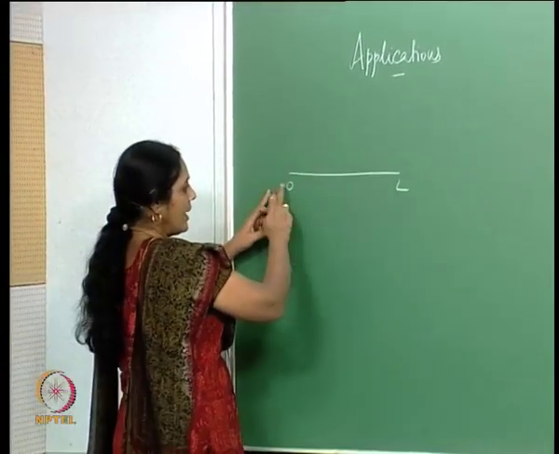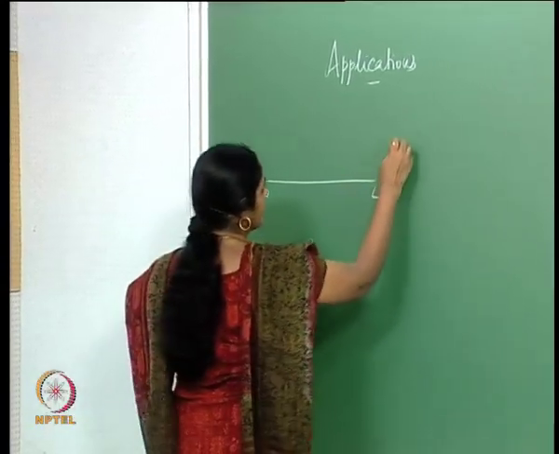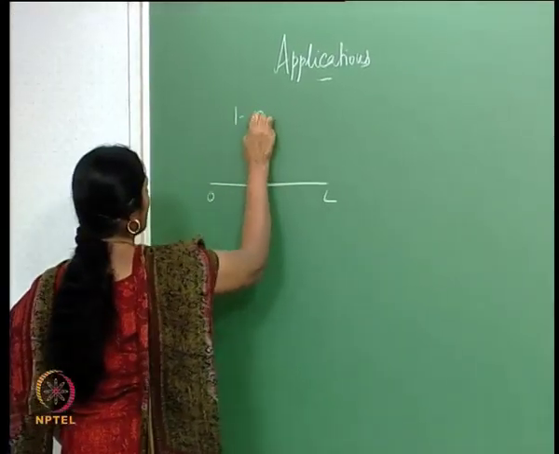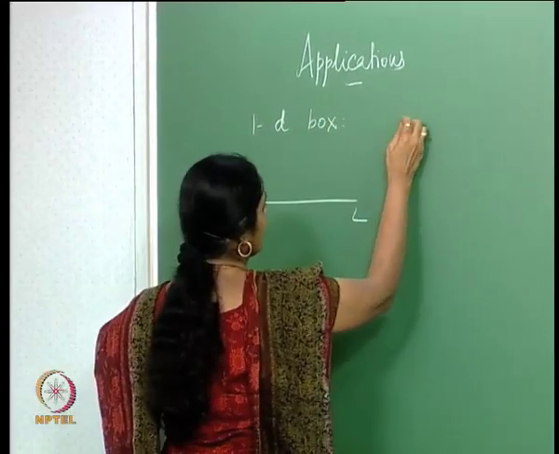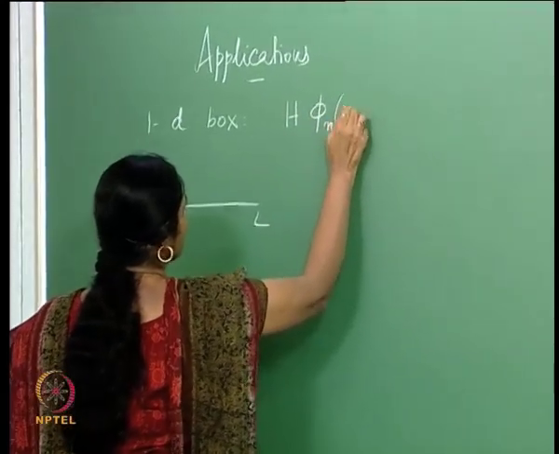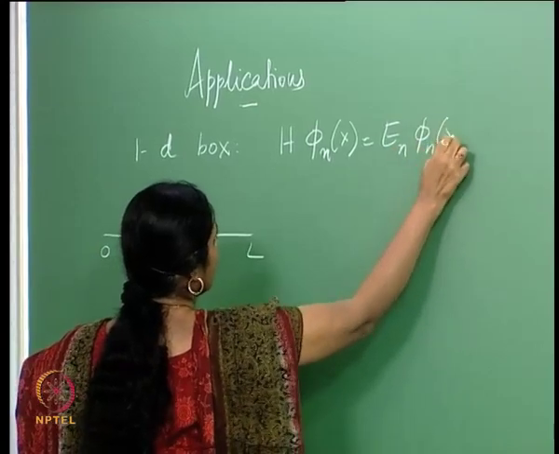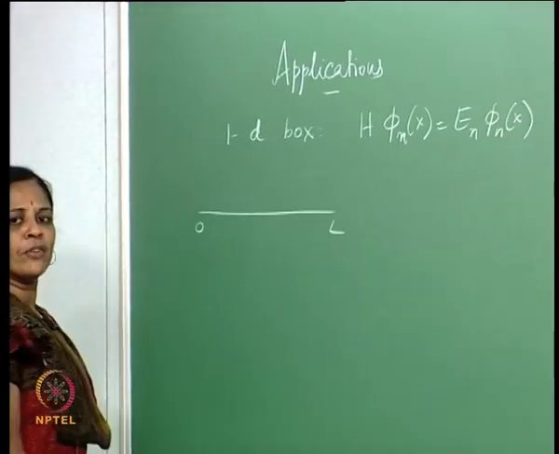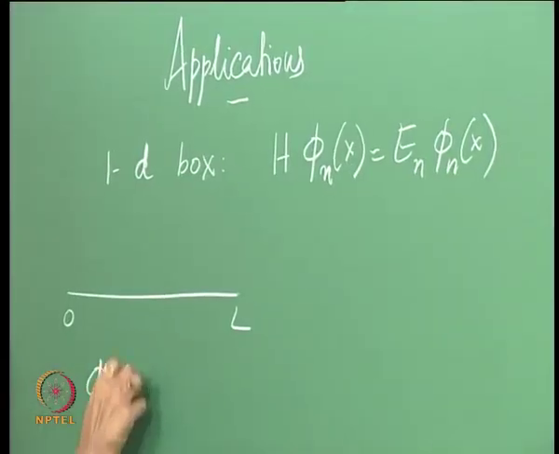Size is L, 0 to L, and the energy eigenstates of this one dimensional box are given by phi n of x. Since we have already done this problem, you know what the phi n's are.